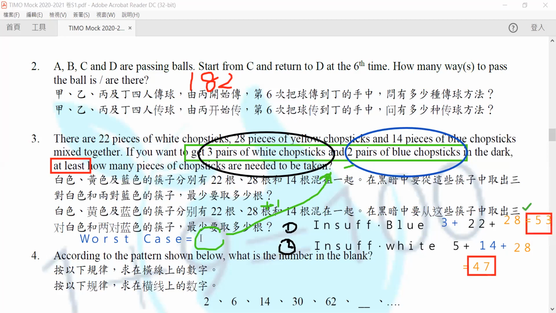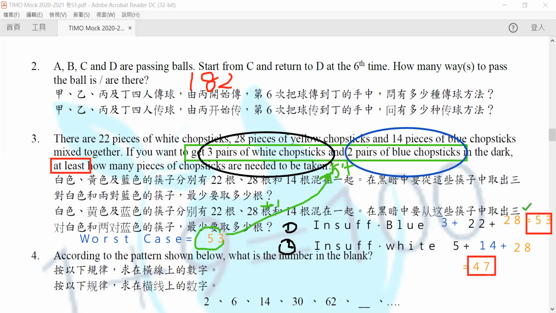So the worst case scenario is equal to 53. So we need to add one more in order to guarantee that this must happen. So the answer is still 54. Yeah, sure. Good job. Yes, the answer is 54.